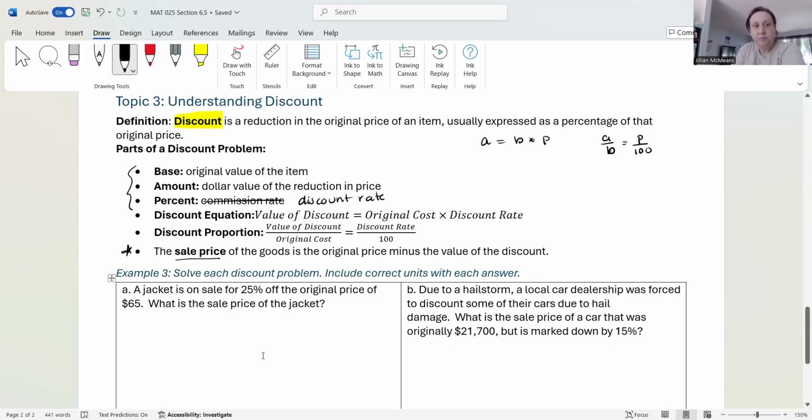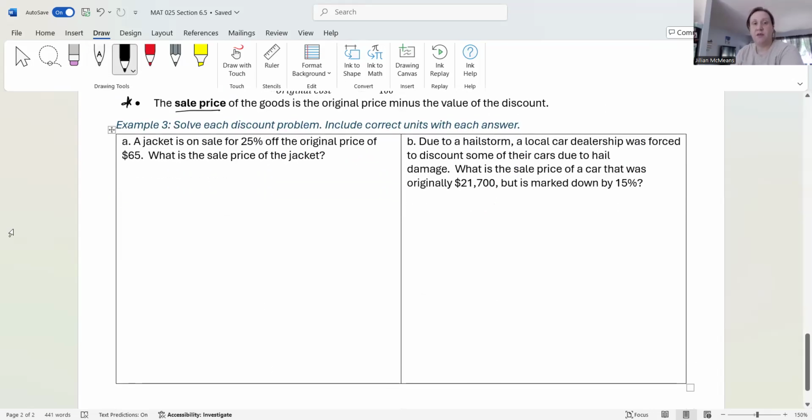All right, so for example 3, it says solve each discount problem, include correct units with each answer. A jacket is on sale for 25% off the original price, which was $65. What is the sale price of the jacket? We have the amount, which is the value of the discount, which is currently unknown.